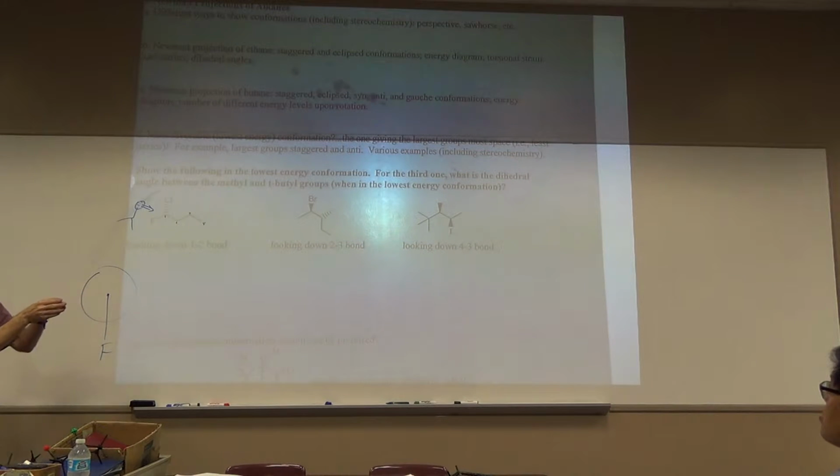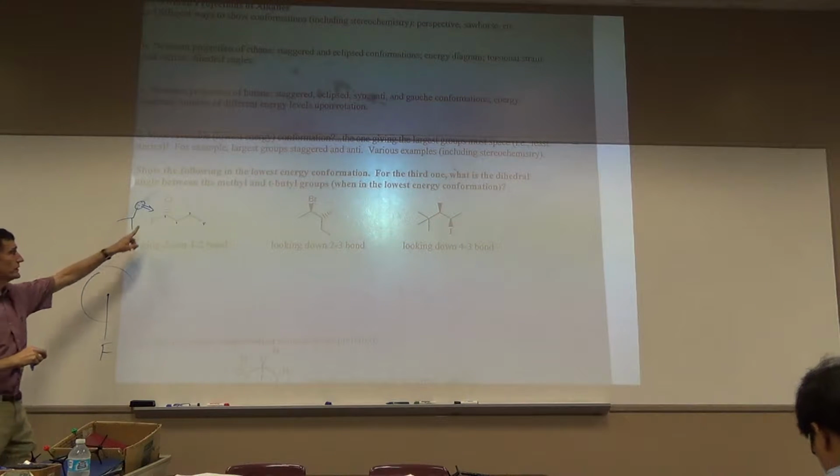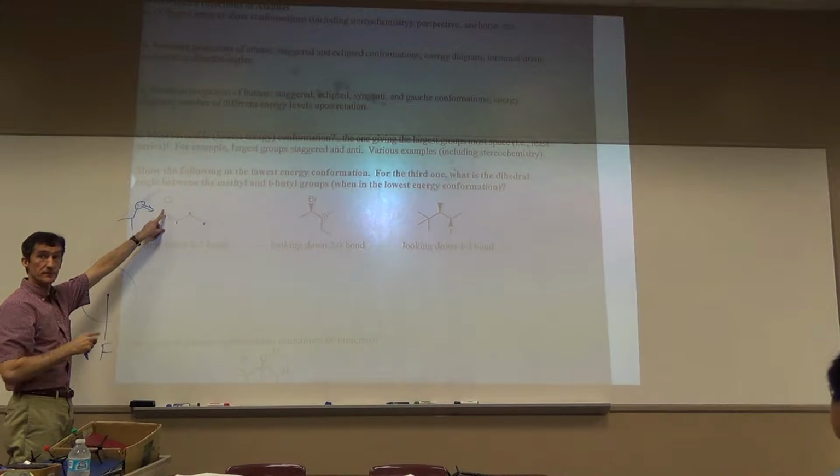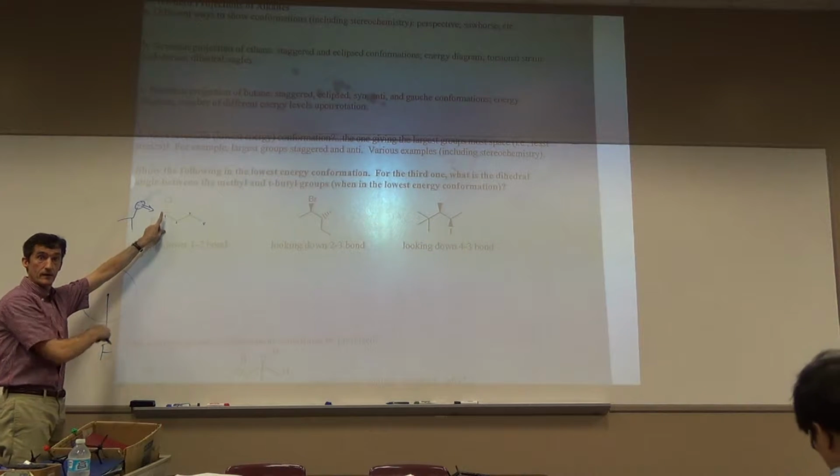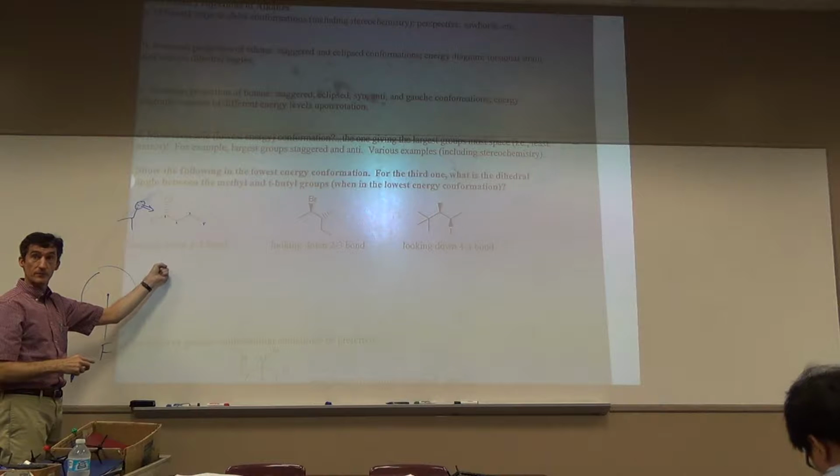What's to my left? To my left is behind the board. And here's the board. Chlorine. What's going behind the board? Chlorine. Dashed means it's going back. And if it's going back, it's behind the board, right?